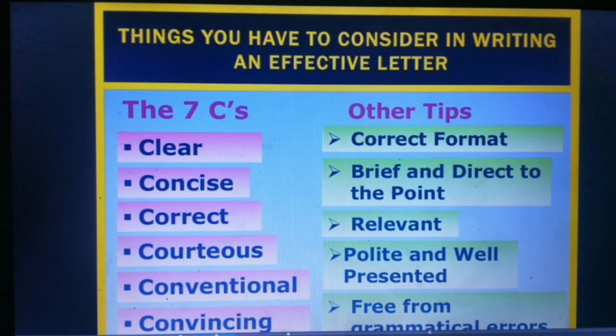So you should write grammatically correct English. Tips are very important. Correct format to be followed, to the point, relevant, well presented and courteous language, and no grammatical errors.